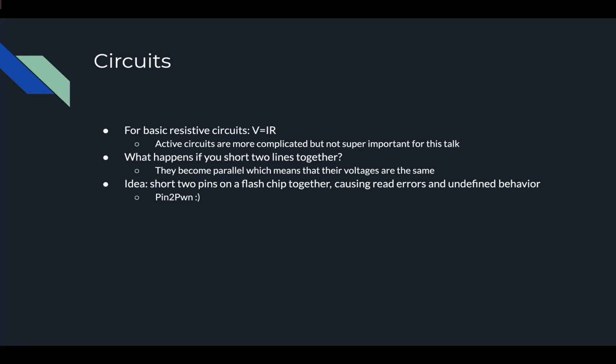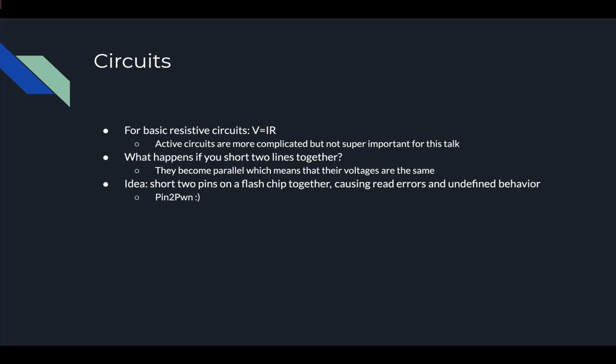And I know a lot of people are going to say, well, if you short 2 lines together, you're going to get burned electronics. It's going to be a nightmare, because whenever you hear someone say the word short, you probably think of a big black spot on some broken piece of electronics. However, with electrical engineering, that's not actually what that term means. When you short 2 lines together, all that means is that you're connecting them without that resistance.